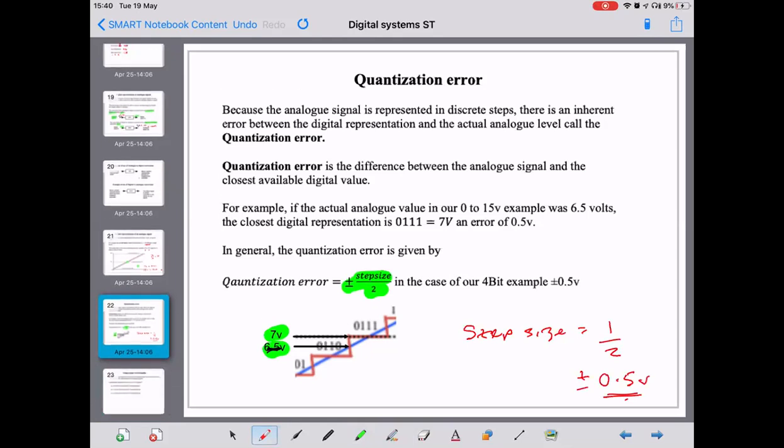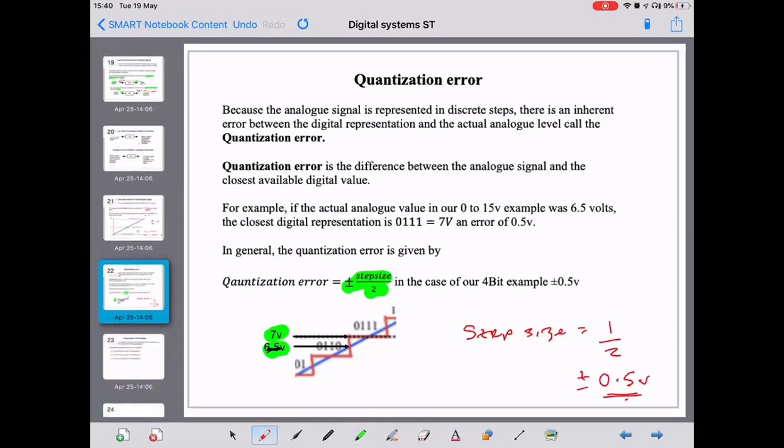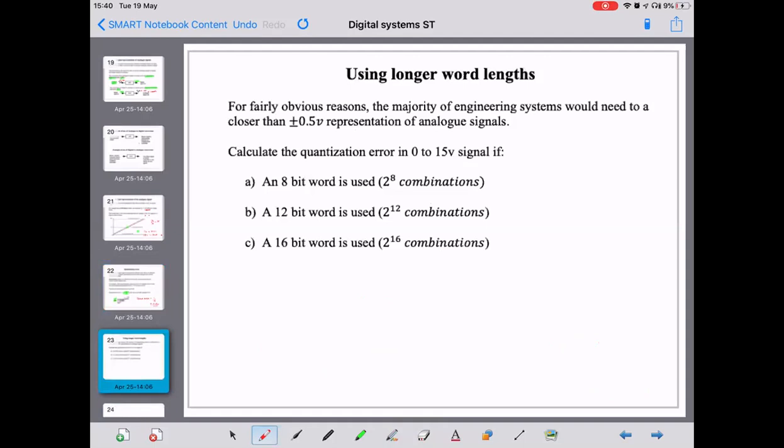Okay, so we can improve that, as you are now going to discover, by increasing the number of bits. What I want you to do, and I'm giving you time to do it, is to calculate for an 8-bit word, a 12-bit word, and a 16-bit word what the step size is and what the quantization error is from that.